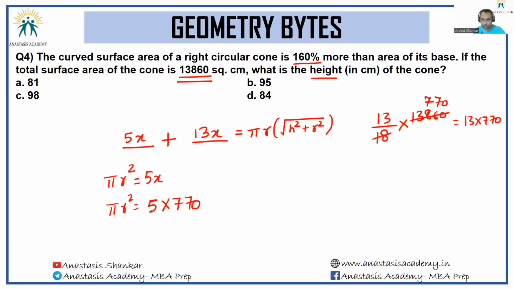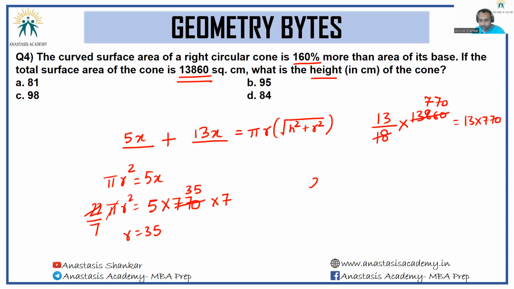Okay. If I write it down properly, 22 by 7. So 22 gone from here. How much will I get? 35 into 7. So I get R is equal to 35.